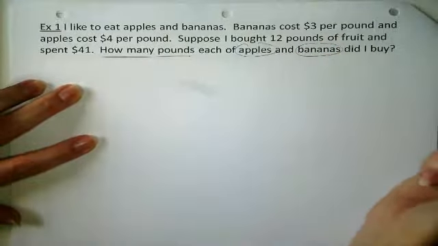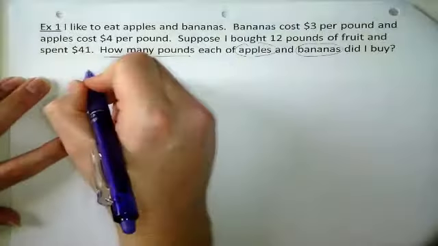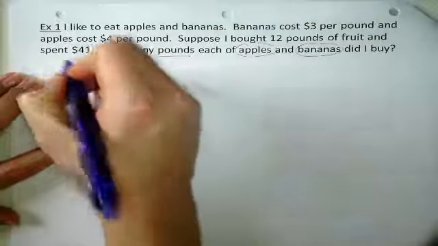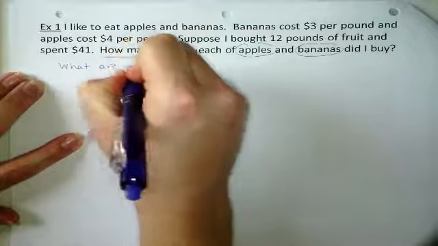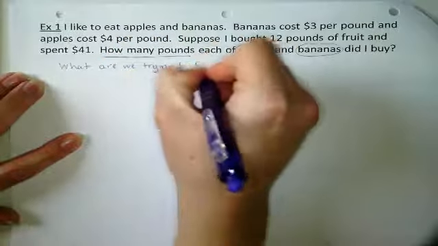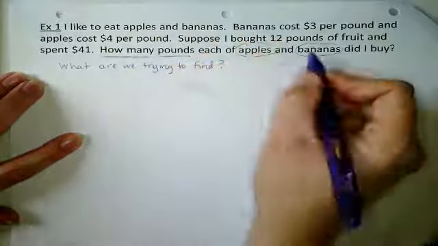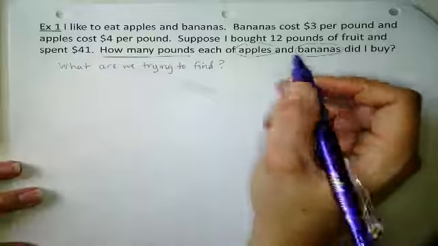When you look at the question, that's going to tell you the algebra. It's going to tell us what our variables are. So we want to know, what are we trying to find? And it's right there in the question. And that also helps us figure out what our variables need to be.